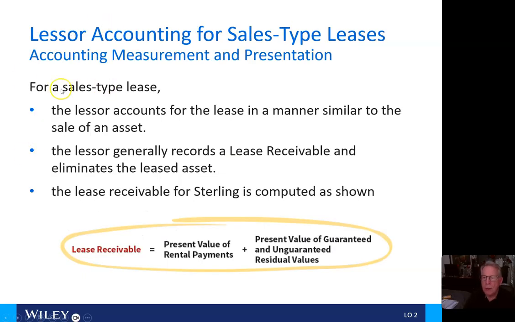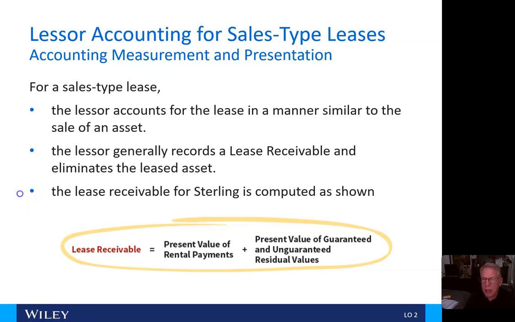Let's take a look at that in a little more depth. For sales type leases, 1, the lessor accounts for the lease in a manner similar to the sale of an asset. Number 2, the lessor generally records a lease receivable and eliminates the leased asset.